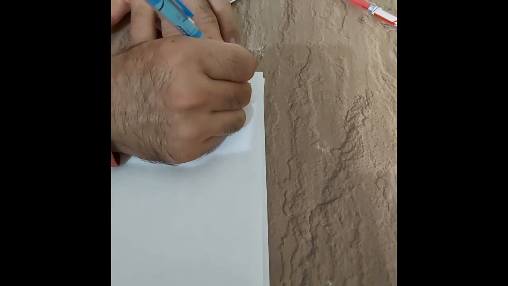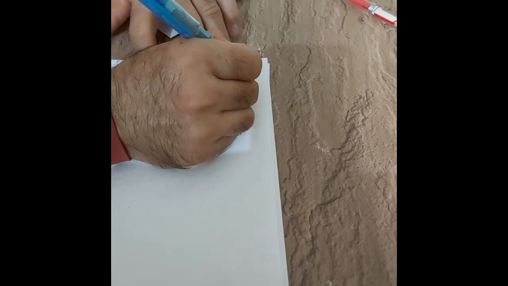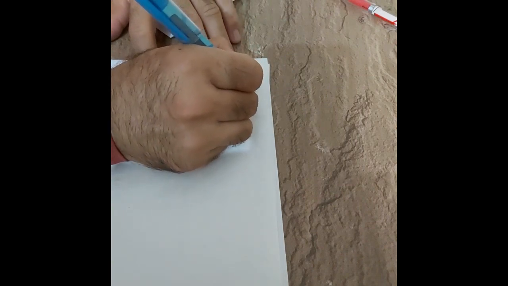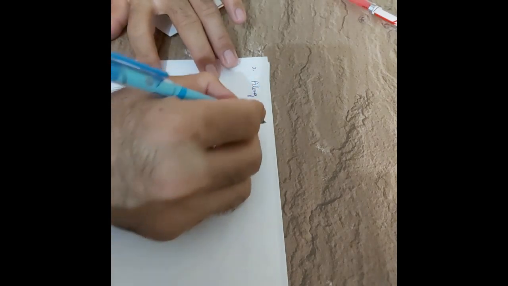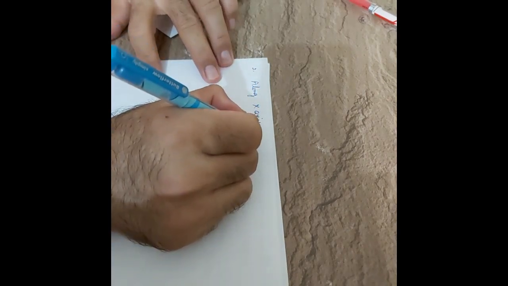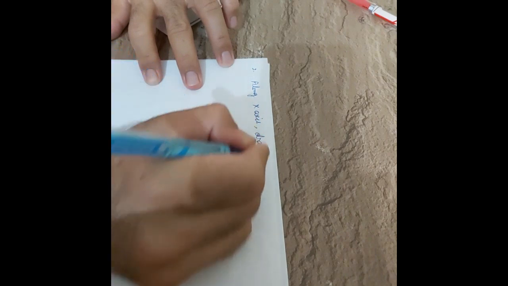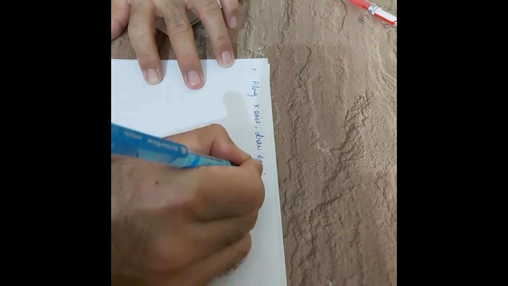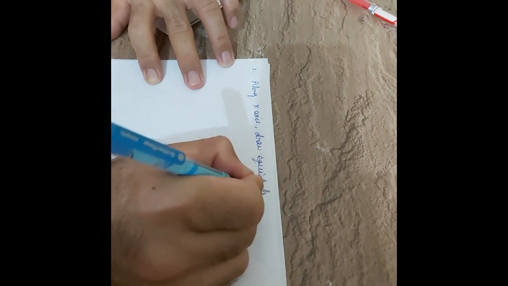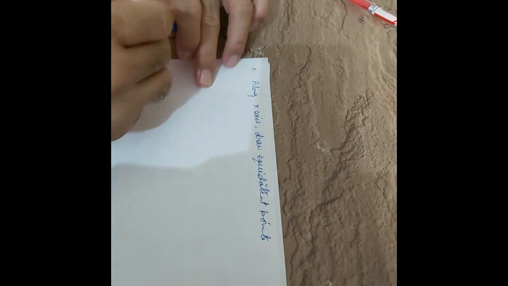Second point is along x-axis draw equidistant points.